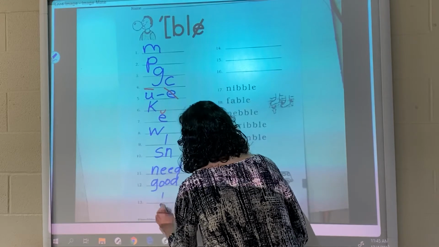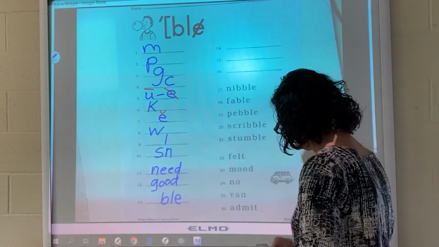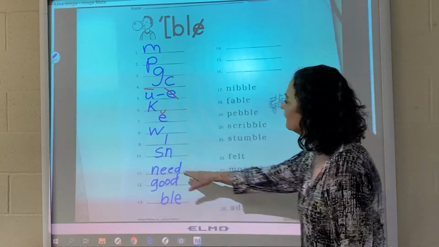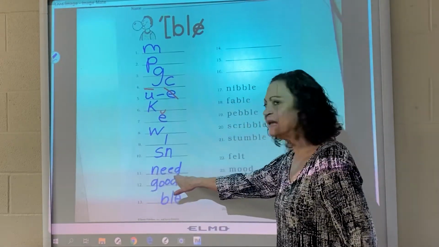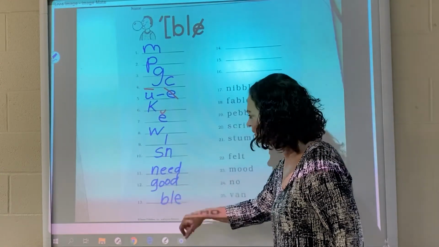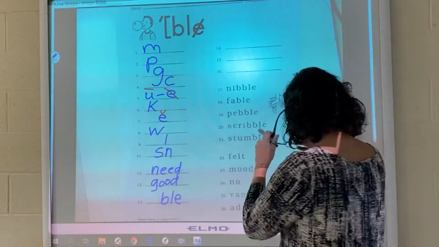And then today we learned about the final stable syllable bull or bubble. Okay. Need, good. Need and good are our words.